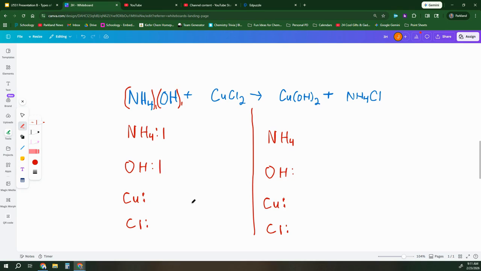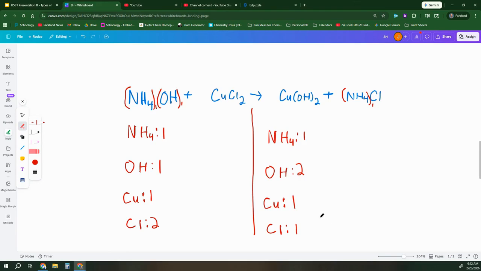So I'm starting with one OH as well. On the reactant side, I have one Cu atom and 2 Cls. On the product side, looks like one Cu atom, 2 of those OH groups, one of these NH4 groups, give myself the parentheses as a reminder, and one of these Cls.